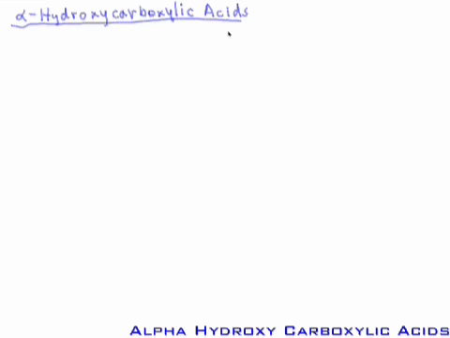So, alpha-hydroxycarboxylic acids. How does this reaction work? Essentially, all that's involved is taking the cyanohydrin and reacting it with H3O+. Sometimes heat is added.